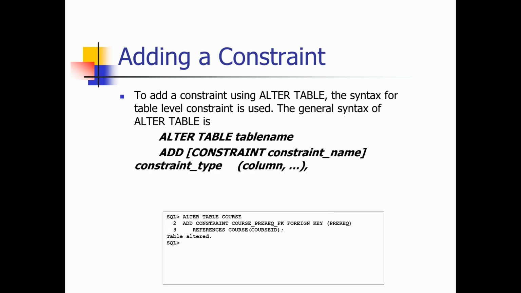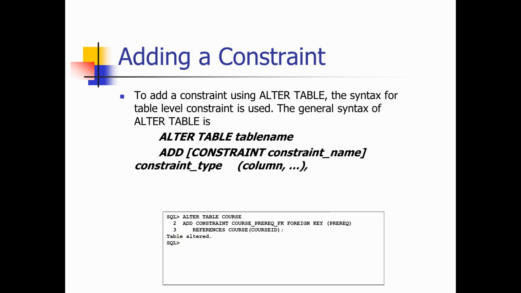So if you did not put this semicolon and you hit enter, what's going on is that you will not see table altered. You will see a column 4 with a cursor blinking there, indicating that Oracle is waiting for more instructions.